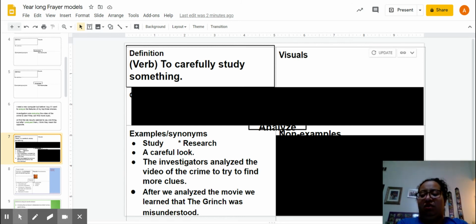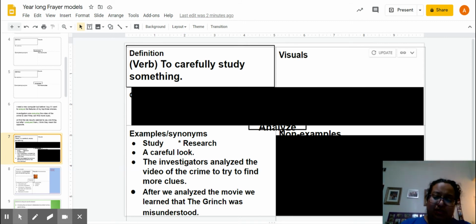So if I just say, okay, the investigators analyzed, I'm like, okay, what does that mean? If I don't know the meaning of the word and I hear that sentence, it doesn't help me figure it out. But if you're saying, okay, they analyzed the video to find more clues, I can think, oh, okay, well, they're investigators and they're analyzing, they're trying to find more clues. So I'm guessing that analyzed means blah, blah, blah, right? We want words that help the reader figure out what you're trying to say.